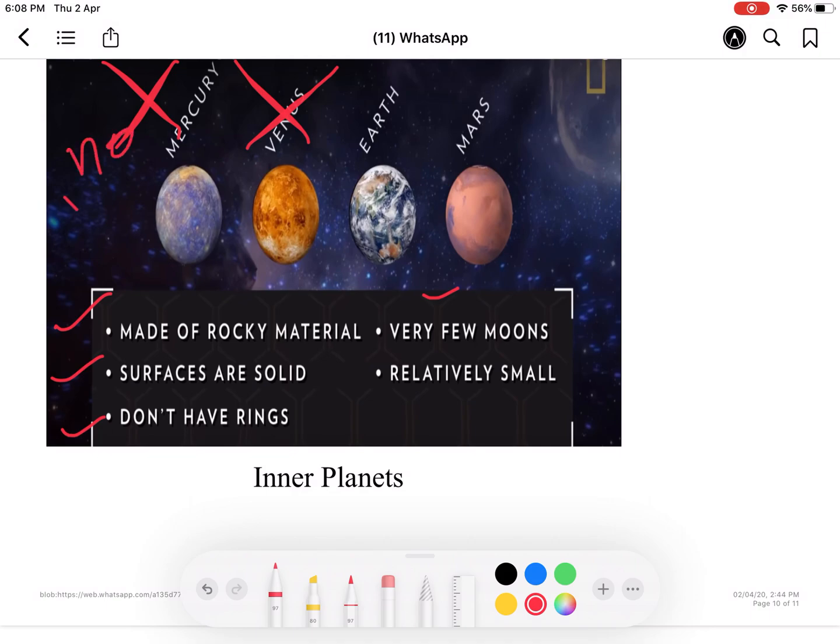No moon. And Earth has only 1 moon and Mars has 2 moons. And their size is clear from the picture, even from the previous picture also, that they are small in size in comparison to the next 4 planets, meaning the outer planets.